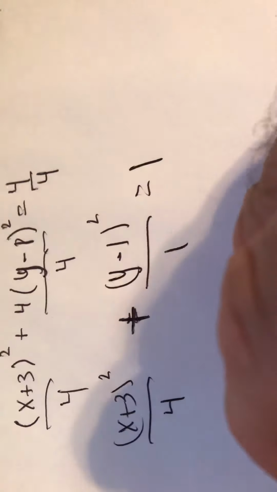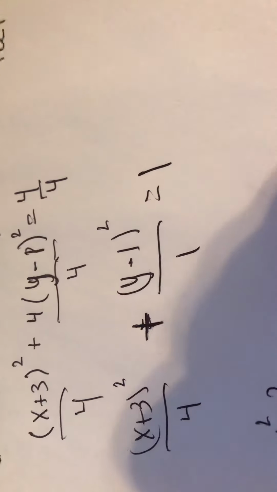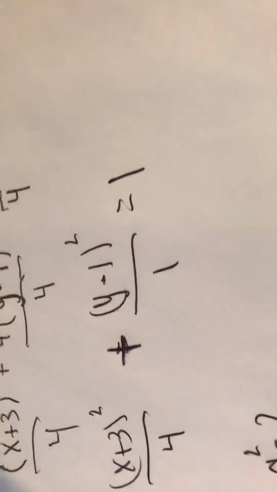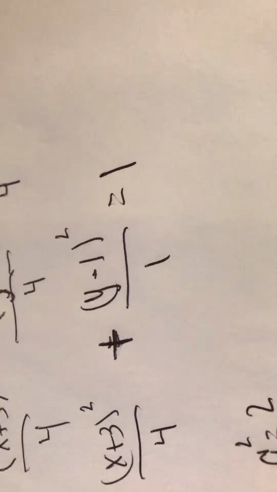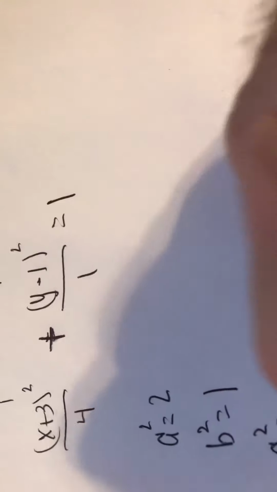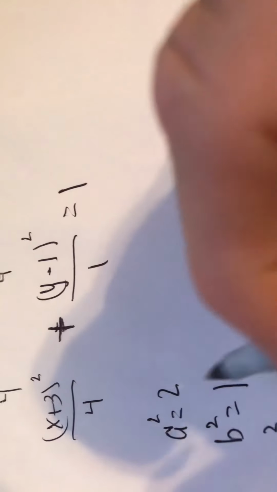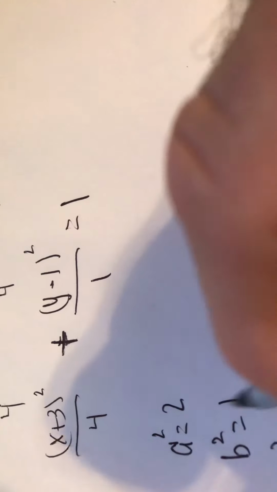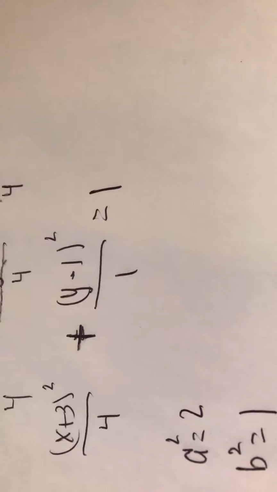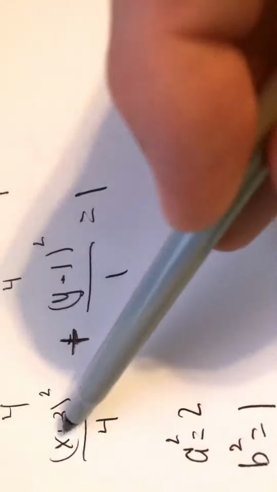My a squared value is 4, so a is 2. My b squared value is equal to 1. My c squared value, remember c squared is a squared minus b squared. A squared is 4, b squared is 1, right? So c squared is 3. Now my center is negative 3, positive 1.